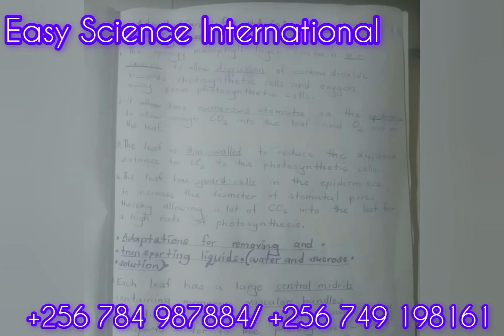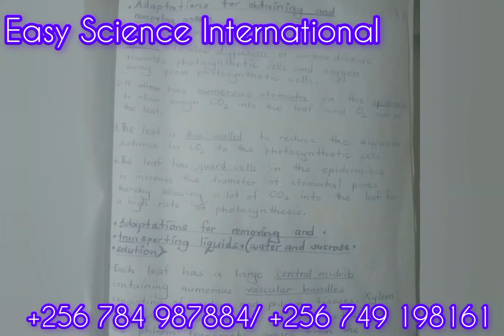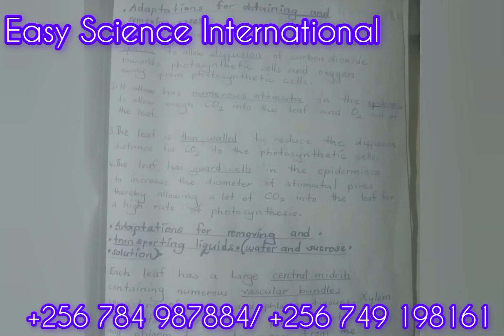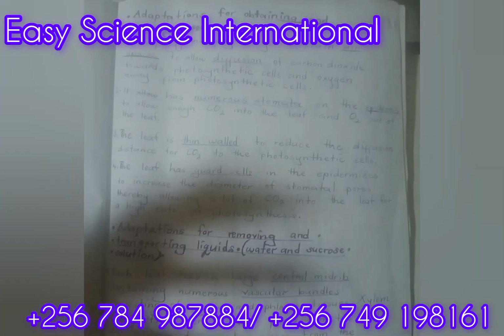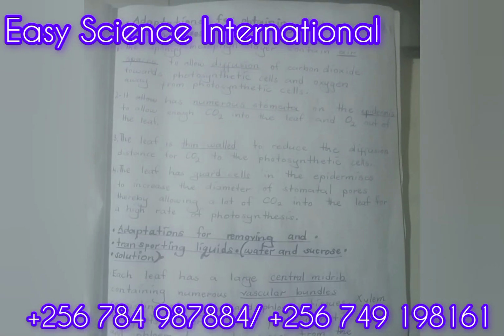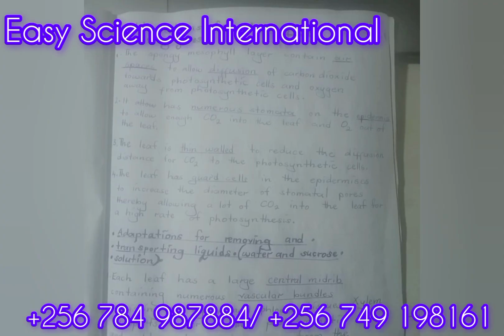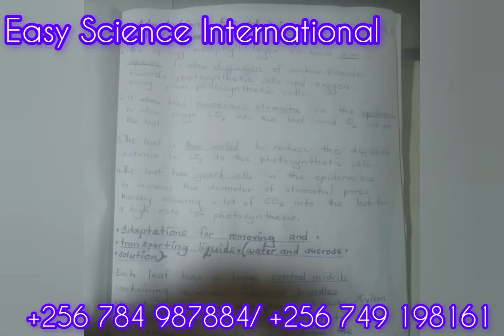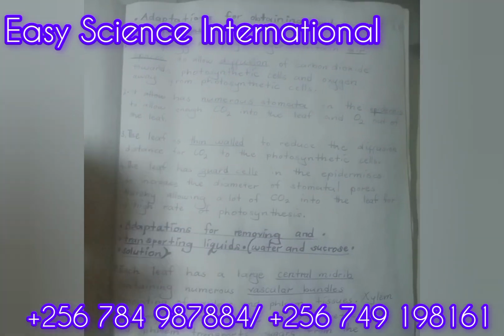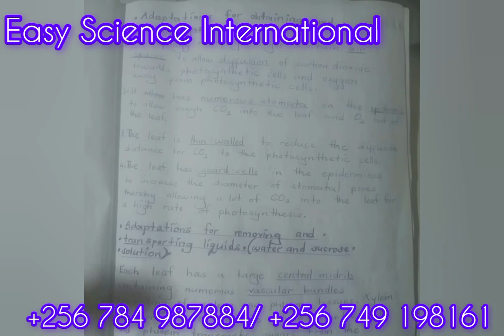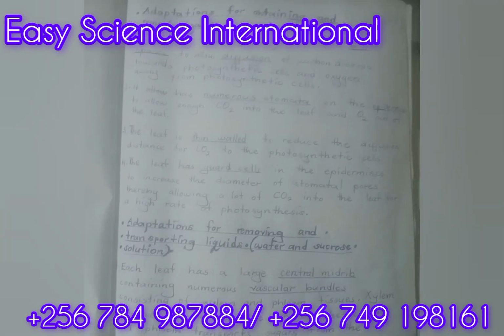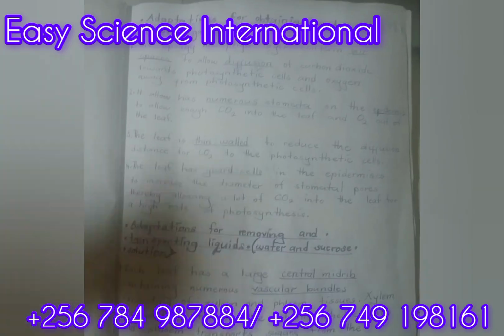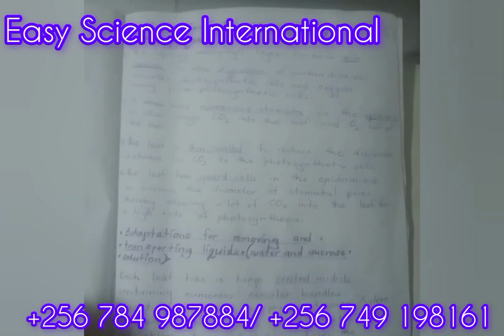Remember, these cells are irregularly shaped, so that when you compact them together, they leave intercellular spaces, and these are the spaces used for absorption of carbon dioxide and also oxygen. That is for gaseous exchange. So gaseous exchange actually occurs in these intercellular spaces.